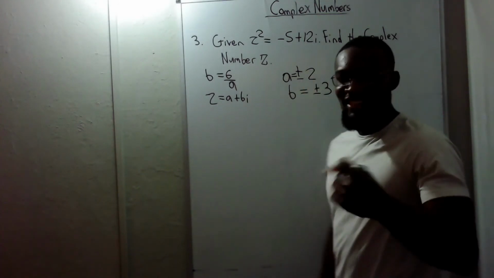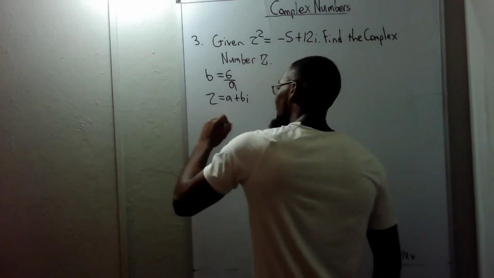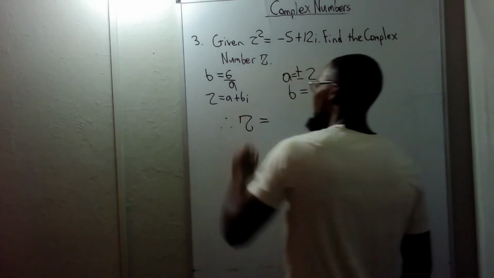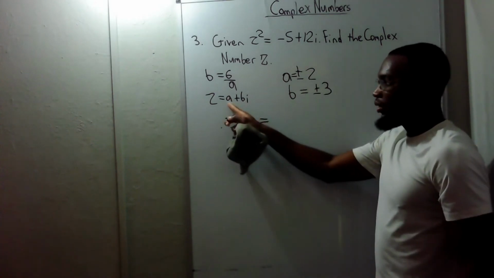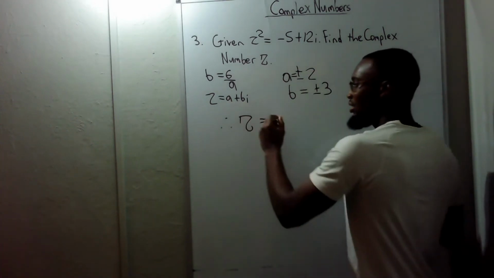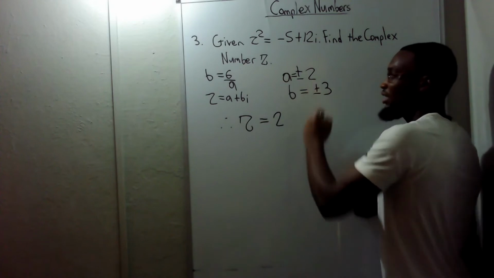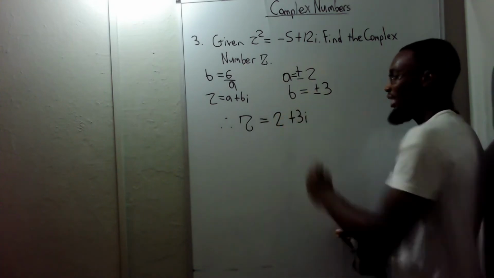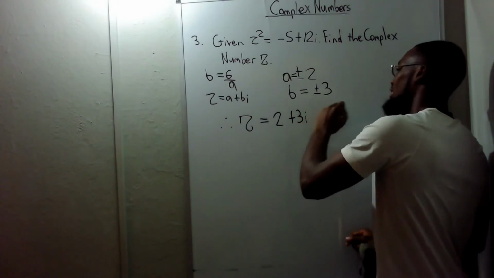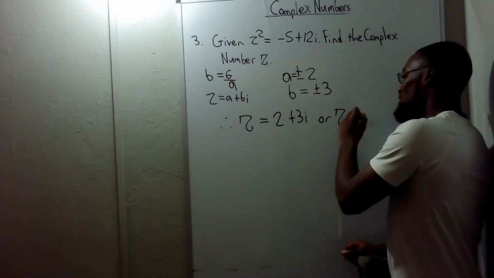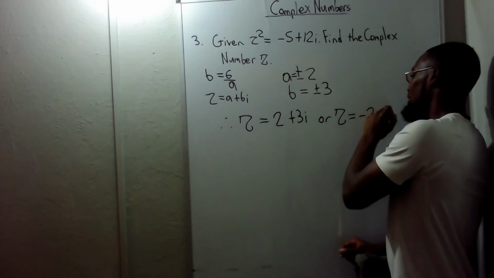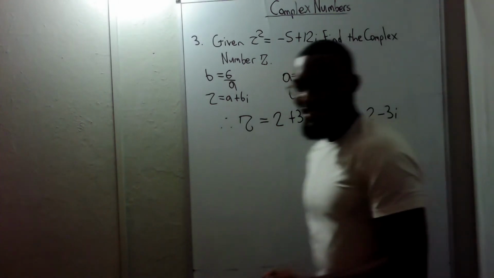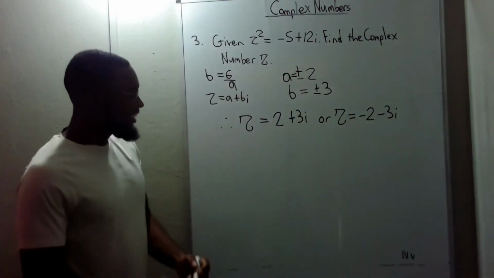And so the complex number z is equal to a plus bi. Let's start with a positive: it is 2 plus 3i. Or z is equal to minus 2 minus 3i. That's the complex number z.